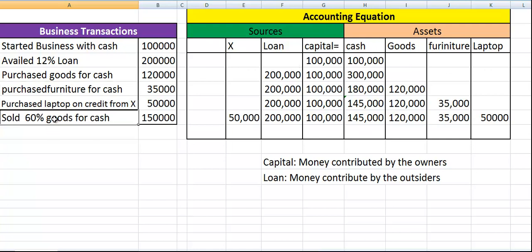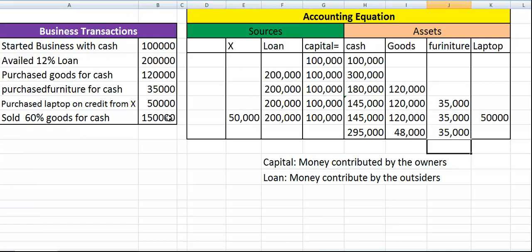Now I'm selling only 60% of the goods. You have 120,000 of goods, and 60% of the goods are sold for cash for 150,000. So my cash will go up by 150,000. Stock will reduce by 60%, so therefore stock will become 40% of that.